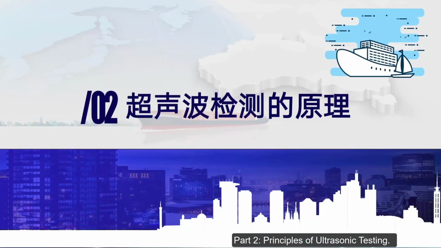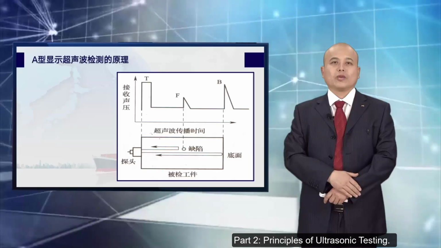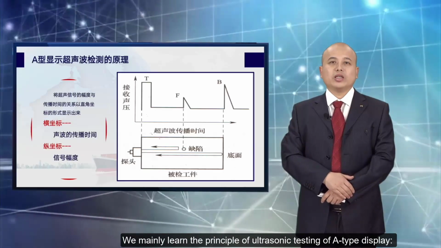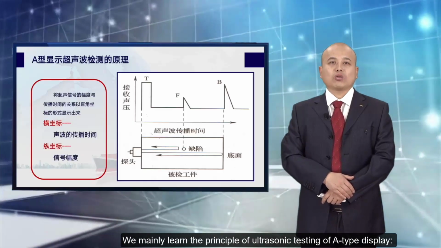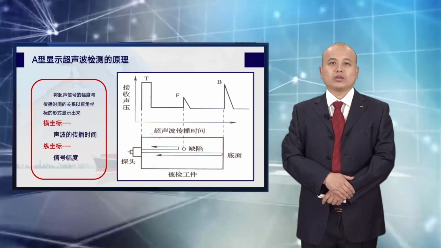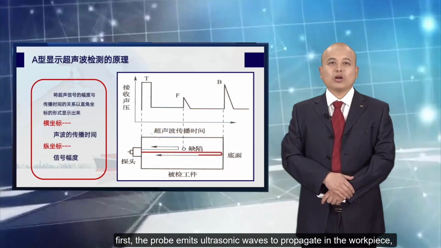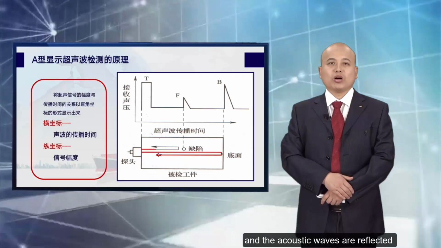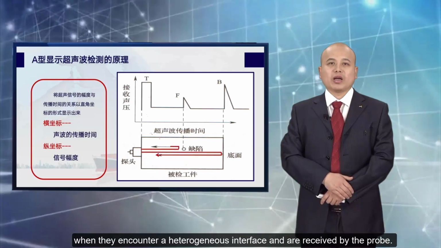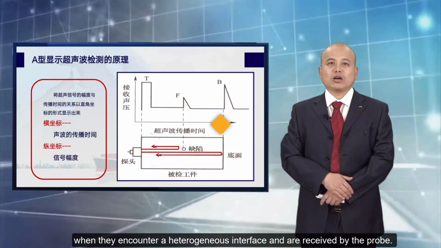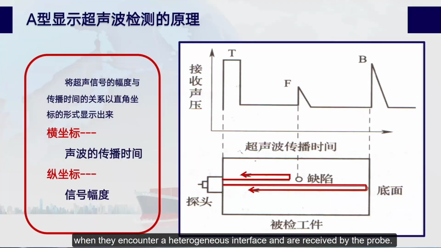Part 2. Principles of ultrasonic testing. We mainly learn the principle of ultrasonic testing of A-type display. First, the probe emits ultrasonic waves to propagate in the workpiece, and the acoustic waves are reflected when they encounter a heterogeneous interface and are received by the probe.